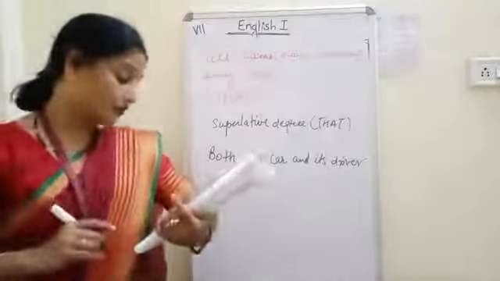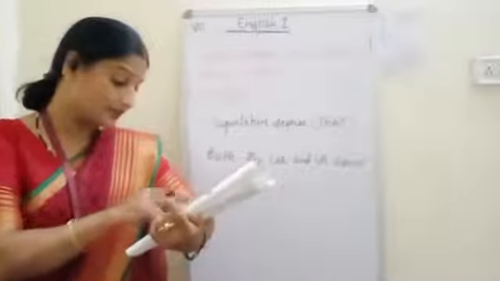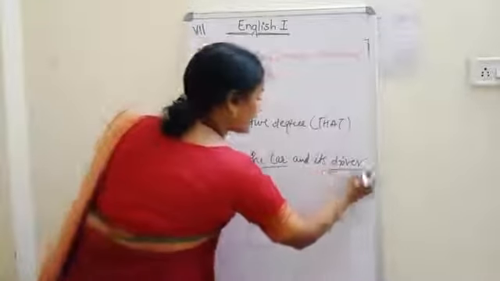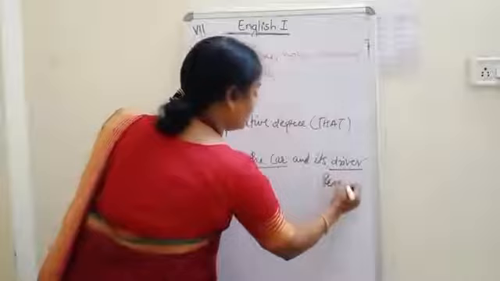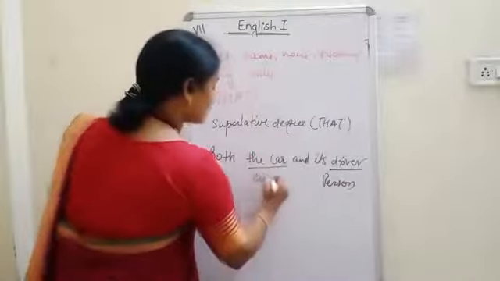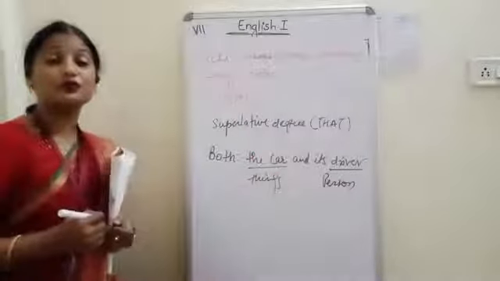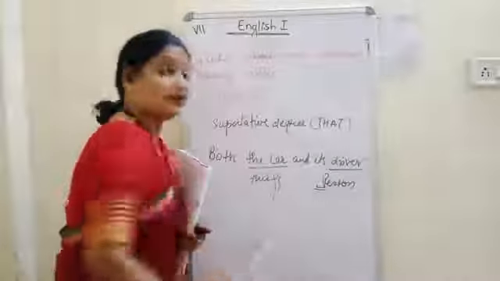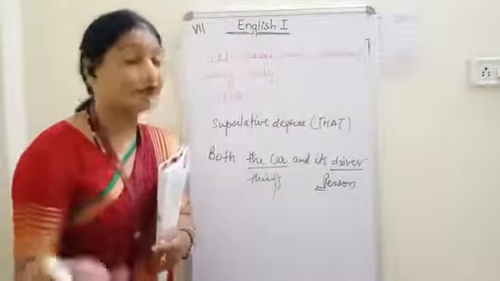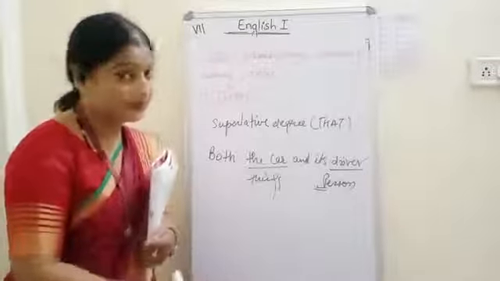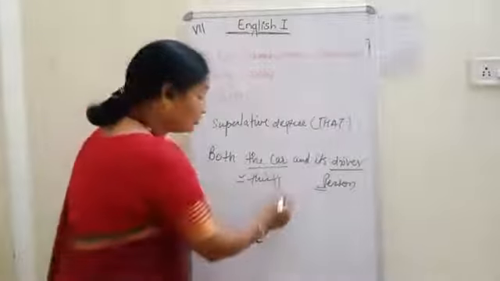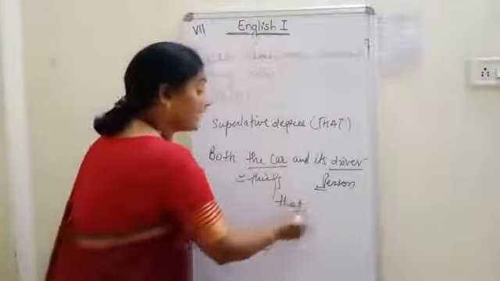Now here, what is the sentence? Here, the car, driver. This is the person and this is thing. So if we have two nouns and out of the two nouns, one will be a living person and other will be thing, then we can use the word that.